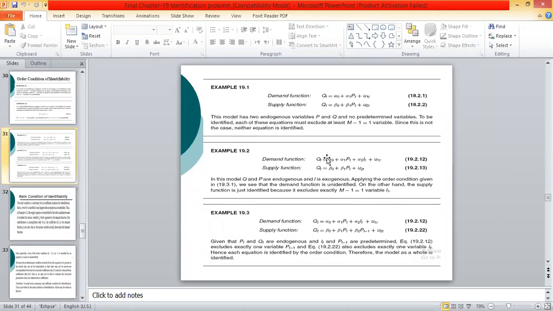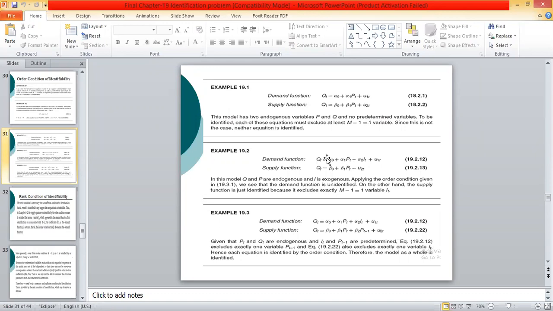So we want to examine the identification of the demand function. In order to be identified, the demand function must exclude at least m minus 1 variables.